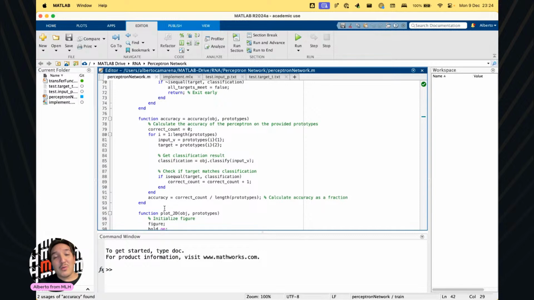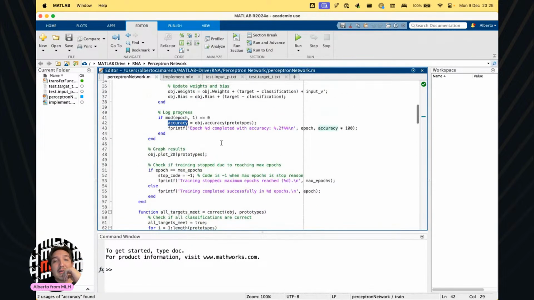If so, we return the accuracy as a fraction of the number of counters over the number of elements we have. But yes, this is just for logging. This is just for the developer experience, you know.